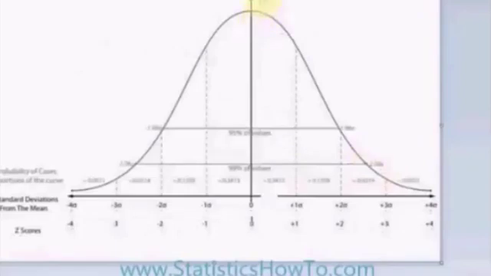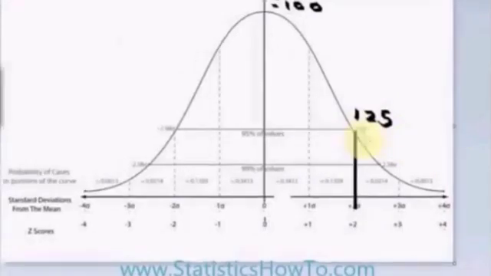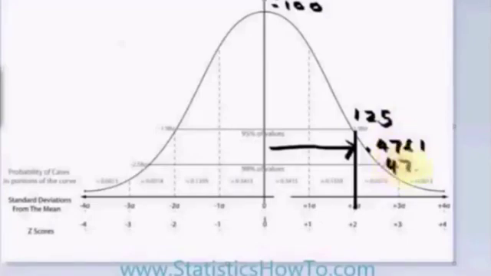So let's go back to looking at the mean of 100. Let's say our observation on the right is here at 1.98 standard deviations away from the mean. That was our score of 125. A z-score of 1.98, if we look that up, is 0.4761. That's the area, and means that this value here from 0 to 1.98 is 47.61% of all scores.